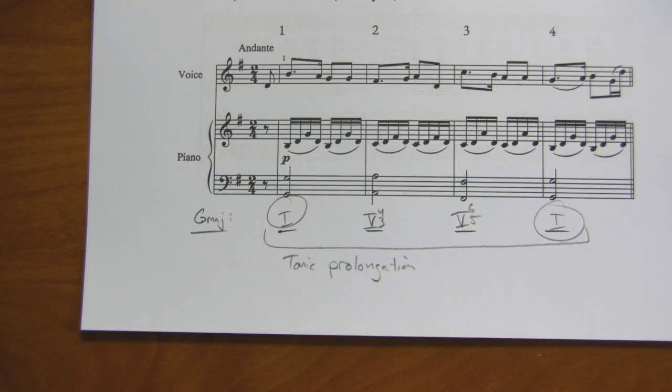You can do different formats of this. Another common one might be to go 1, 5, 6, 5, 5, 1, something like that. So you can mix these around. But that's also an effective way to prolong the tonic and then go on to dominant.